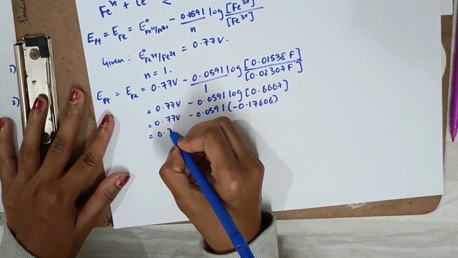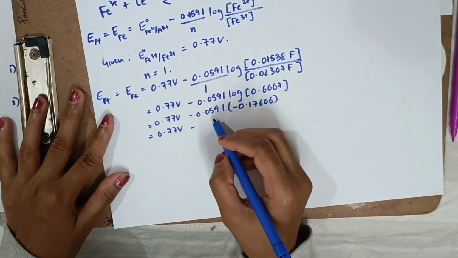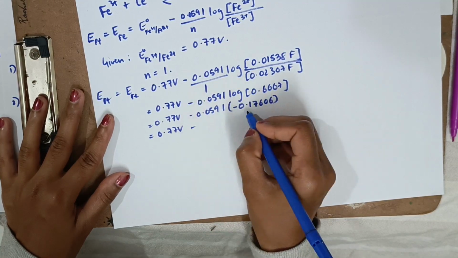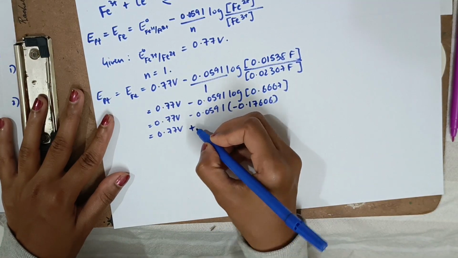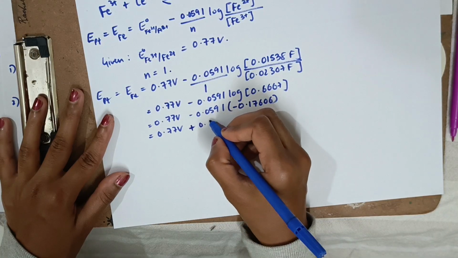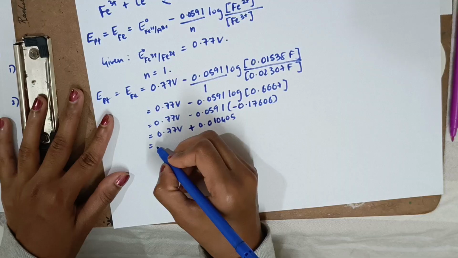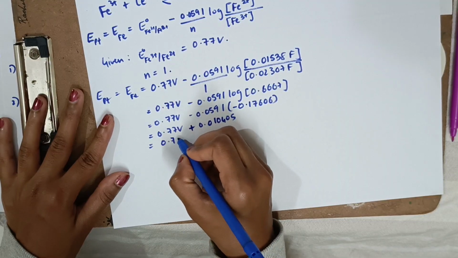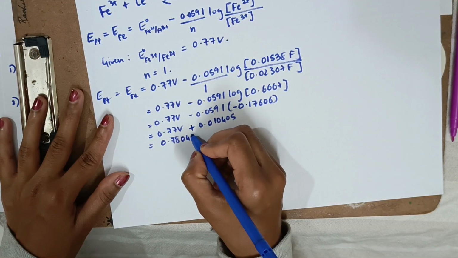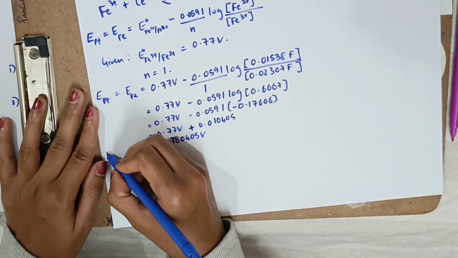So this is equal to 0.77 volt, minus and minus becomes plus, which is equal to 0.010405, which is equal to 0.780405 volt. Okay.